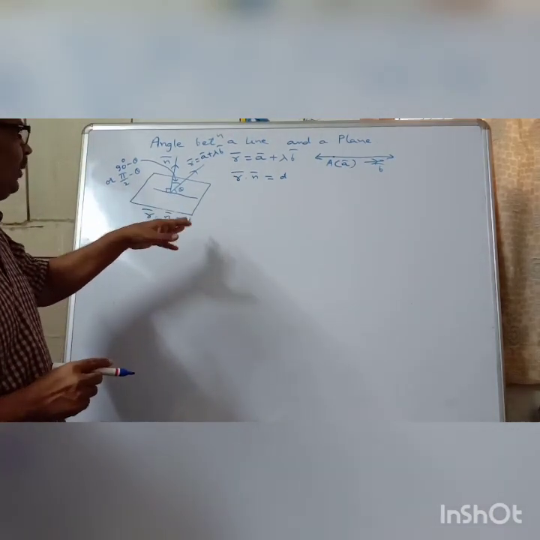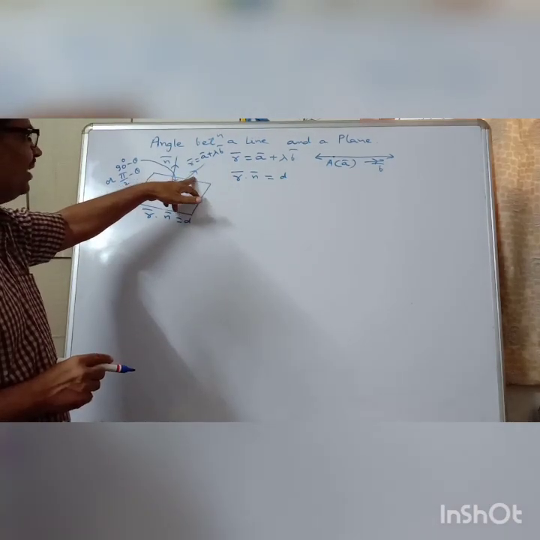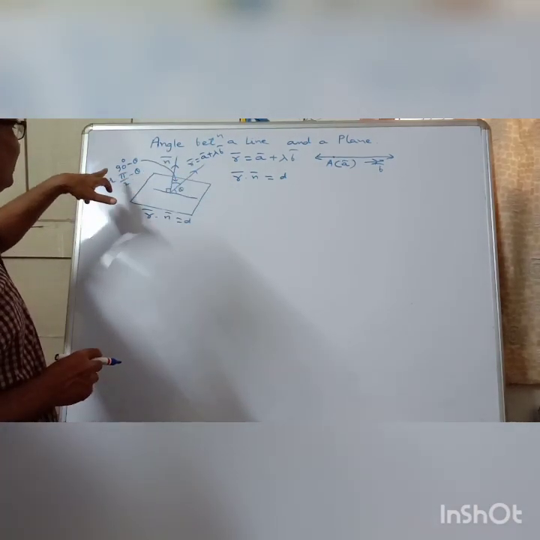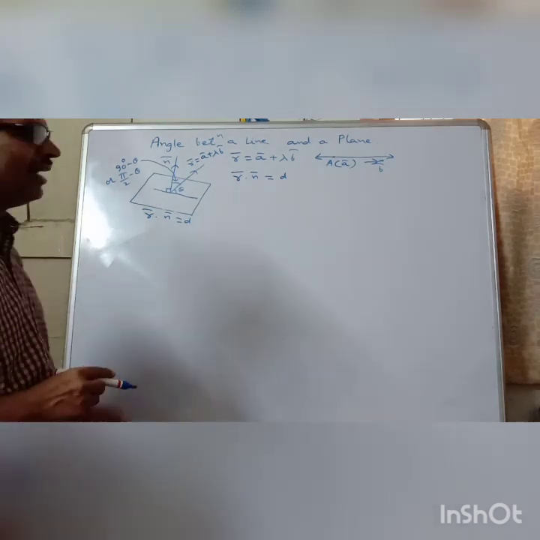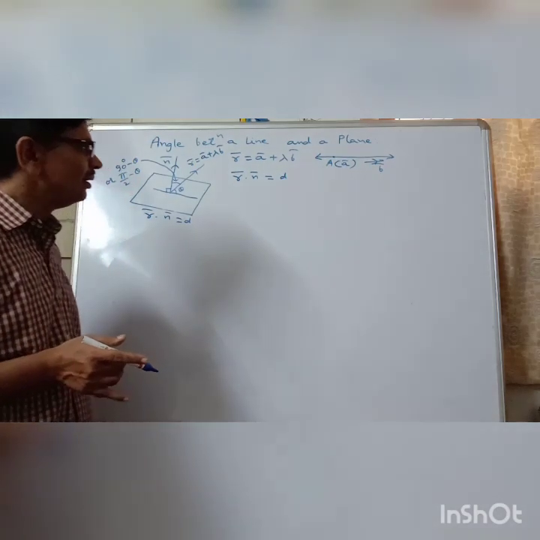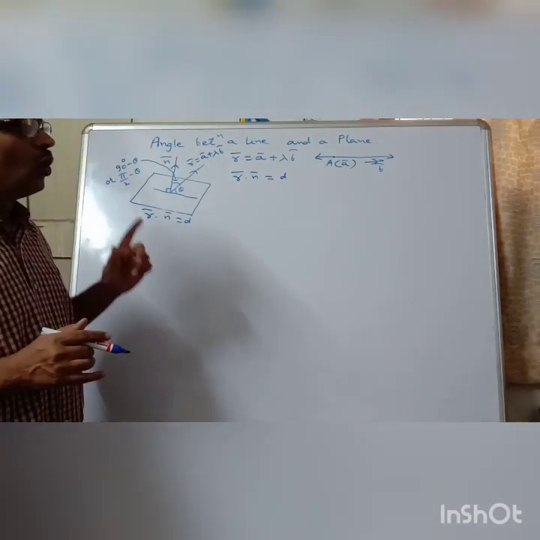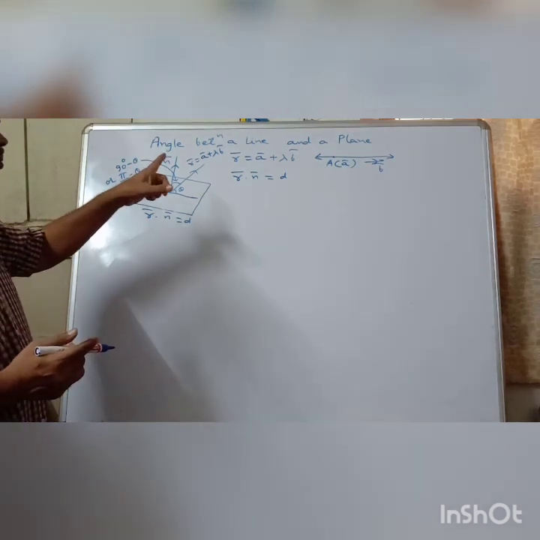When the angle between line and plane is theta, the angle between line and normal to the plane is 90 minus theta. It means the angle between line and plane is complementary to the angle between normal and line.